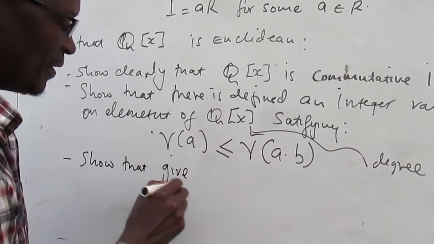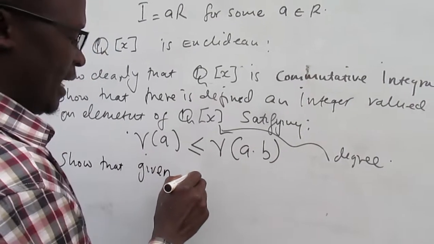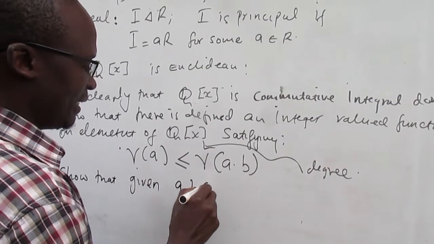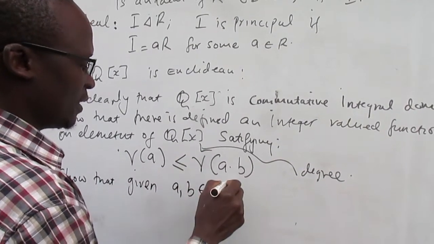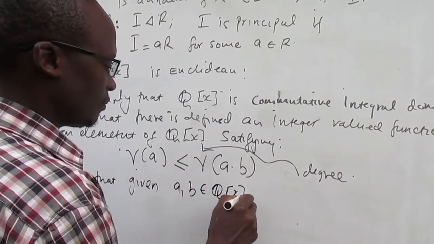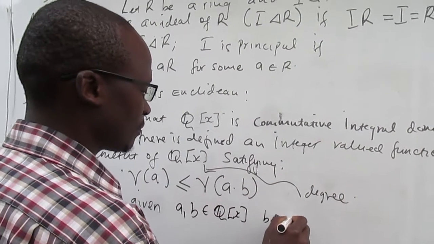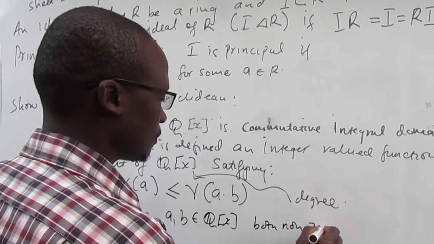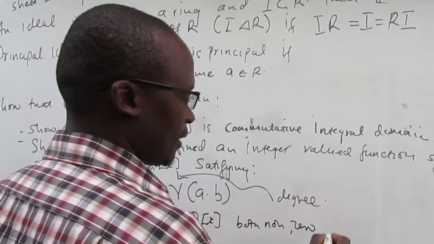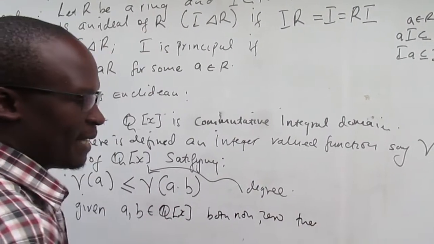Then what you finally need to show is the following: whenever you're given A and B, two non-zero polynomials, then we can define division by remainder.